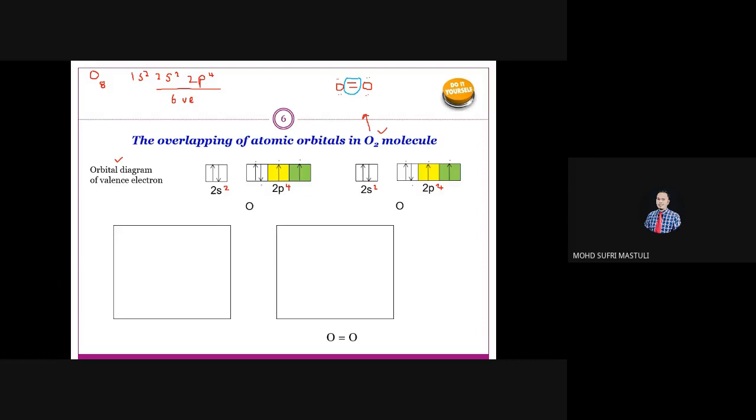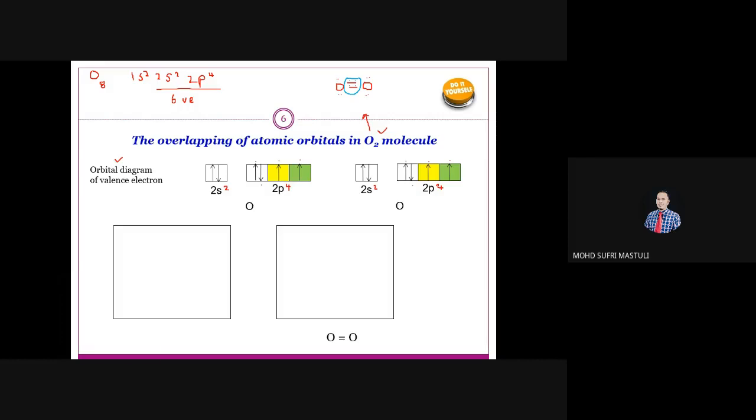So this is a single electron, and it should share with another single electron to form one chemical bond. Same goes for this one. This single electron should share with another single.